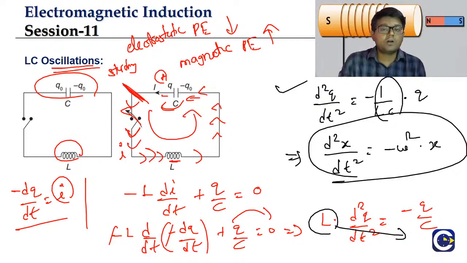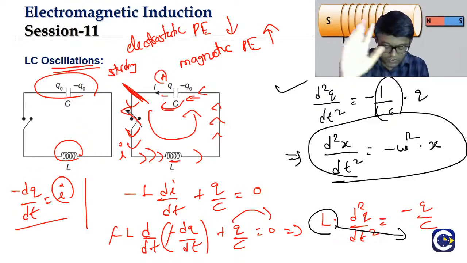From there we can work out the omega value and the frequency of the oscillations. That we will discuss when we go to alternating current. But here we just need to understand that there is going to be oscillation in the circuit. It is not like once you withdraw all the charge, the scope is over. There is going to be oscillation of energy between the two forms.